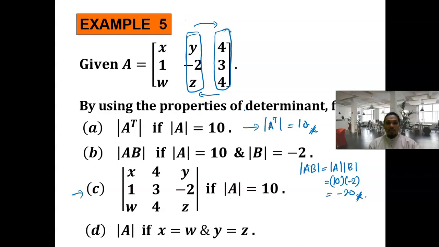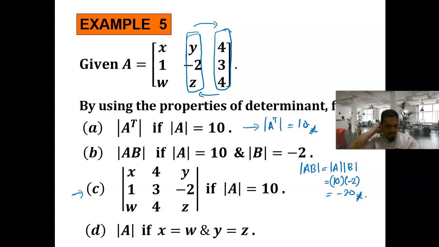So if the determinant of the original matrix A equals 10, and we change the position between column 2 and column 3, refer to the notes again.